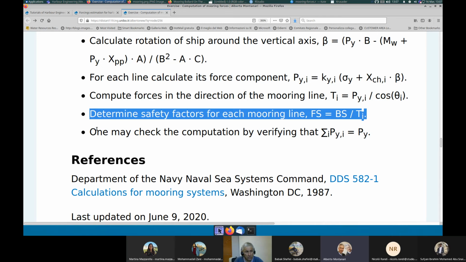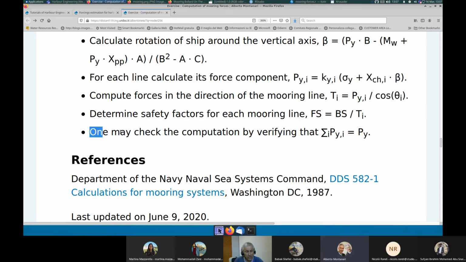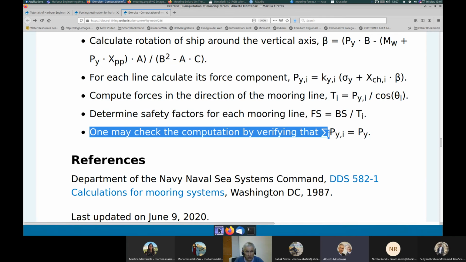And you may check the computation by verifying that the summation of the forces in the direction of the mooring line is precisely Py, which is the total wind force.